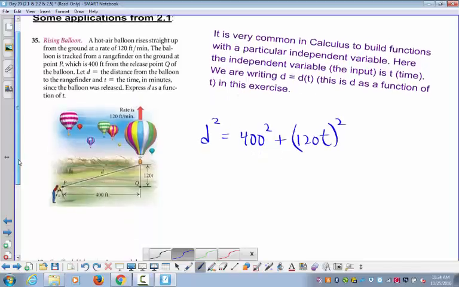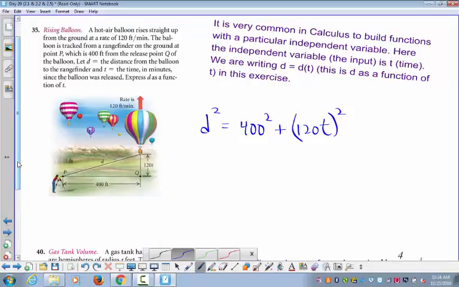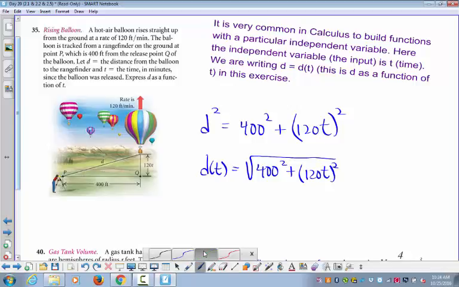So now we've written d squared as a function of t. And if we want to write d as a function of t, you can include this (t), or you can leave it off. It's pretty obvious when you look at the right side of this equation that the independent variable is t. This is just functional notation that sometimes it's really helpful to know what is the identified independent variable.